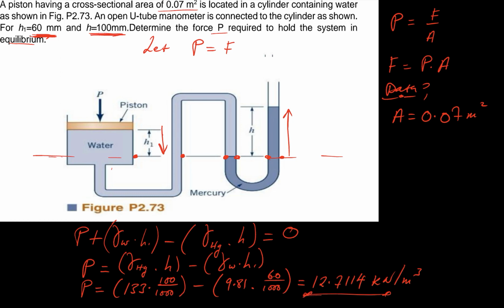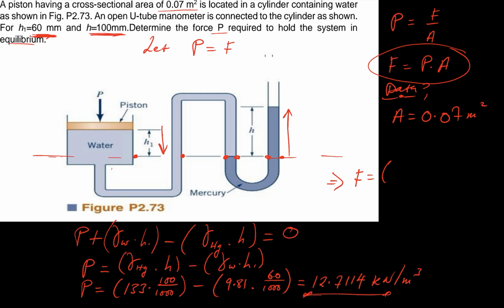Now we need to determine the force. We're not done. So to determine the force, we're saying that the force, which is actually P, is equal to the pressure times the area.